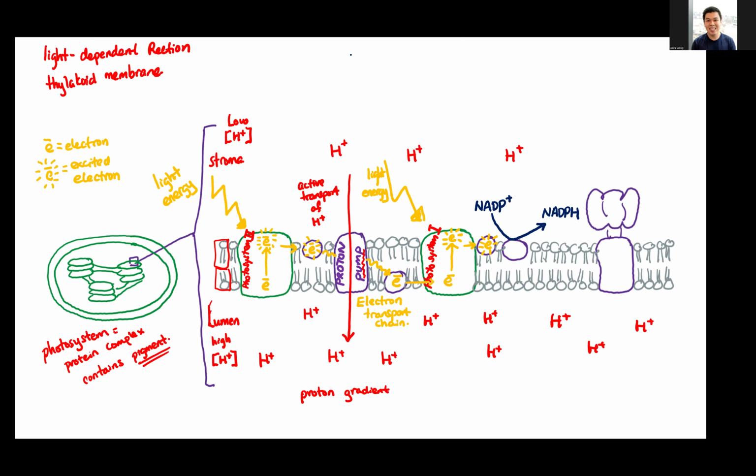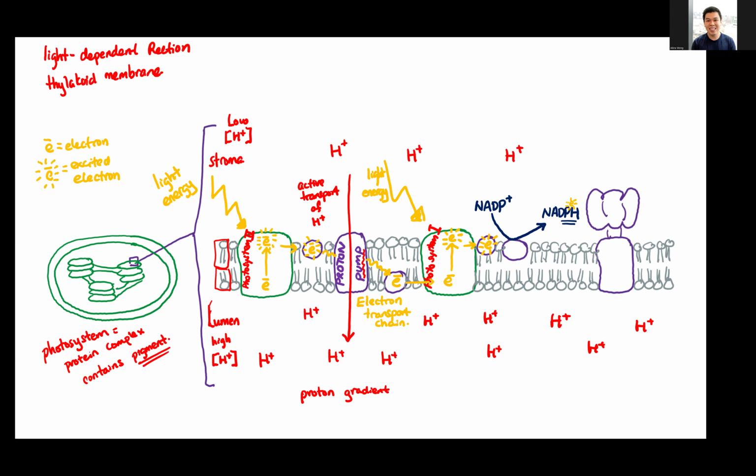It has two forms, the reduced form, which is NADPH, and it contains that electron that has high energy. Remember when we say there's an H, you need to envision that there is electron there. So this electron is the one high in energy.